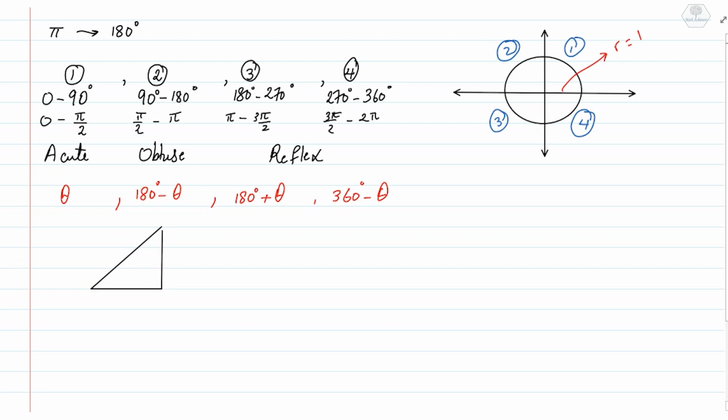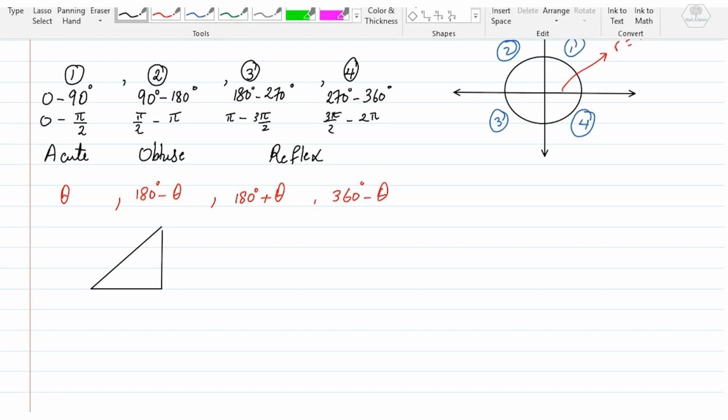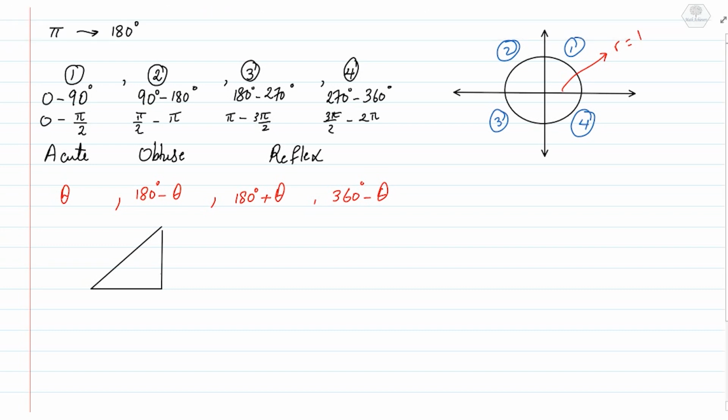This is 90. This is 60 degrees, and this angle is 30 degrees. The side opposite to 30 degrees is always 1. The side opposite to 60 degrees is square root of 3.